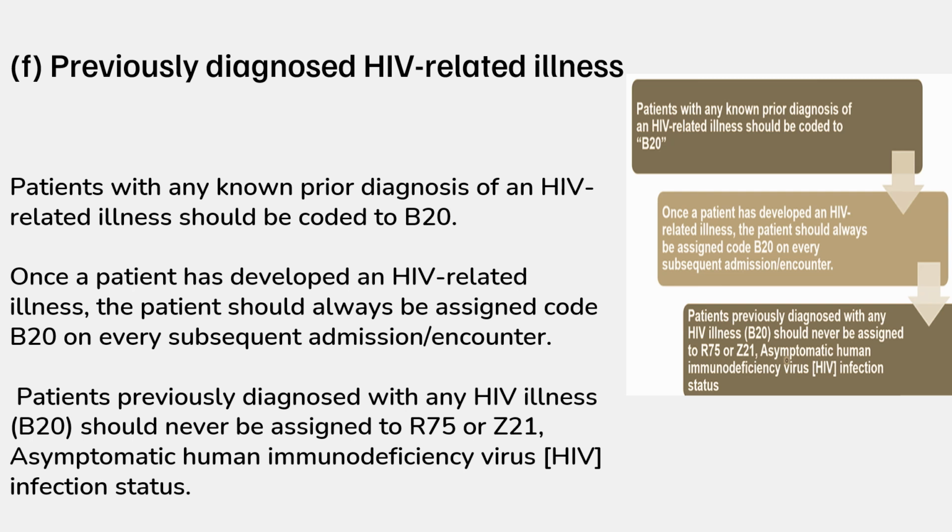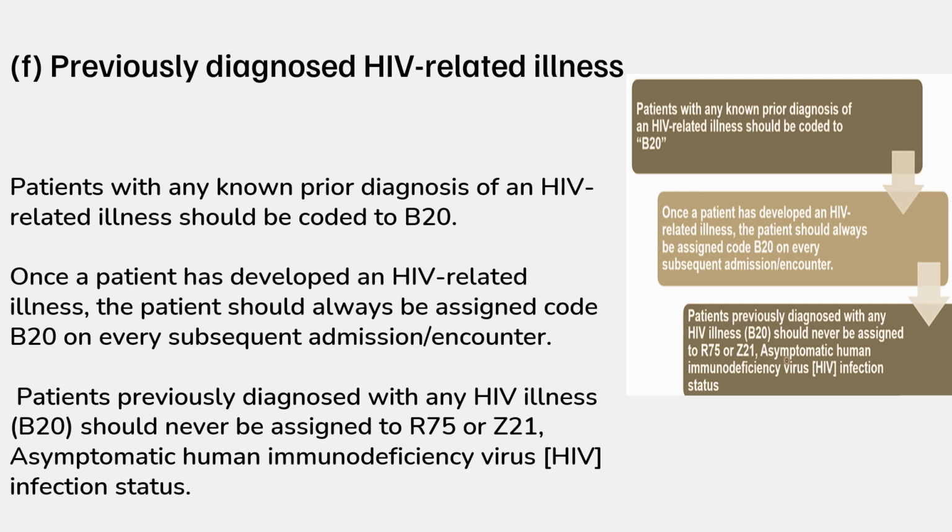Previously diagnosed HIV related illness: a patient with any known prior diagnosis of an HIV related illness should be coded to B20. Once the patient has developed an HIV related illness, the patient should always be assigned the code B20 on every subsequent admission or encounter. A patient previously diagnosed with any HIV illness should never be assigned R75 or Z21.